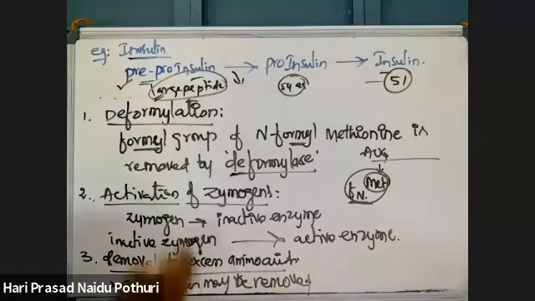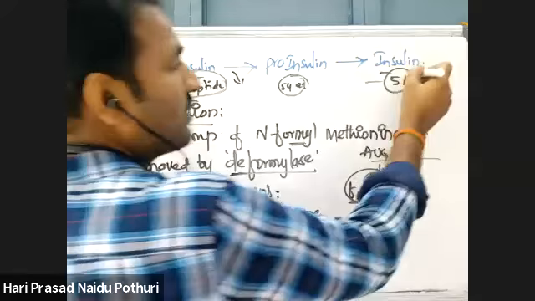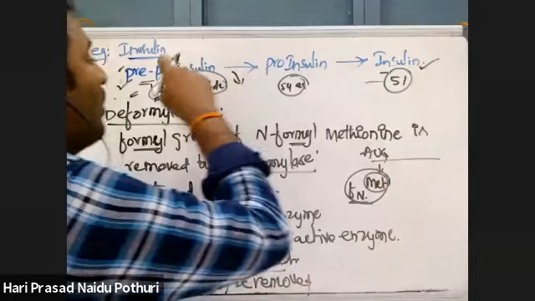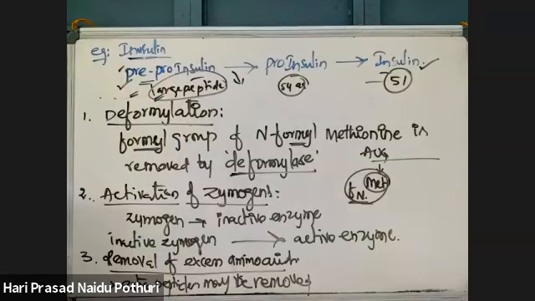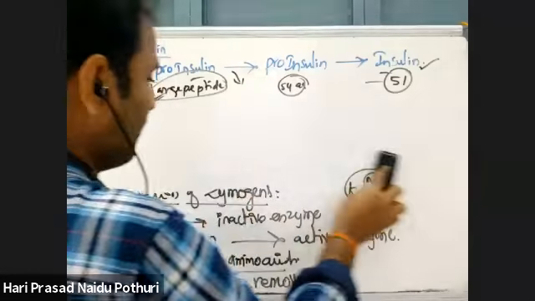See here, around 110 amino acids are present in preproinsulin, but mature insulin has only 51. That means about two times more amino acids are present. Those excess amino acids or excess peptides present in proteins may be removed. That is what we call removal of excess amino acids.